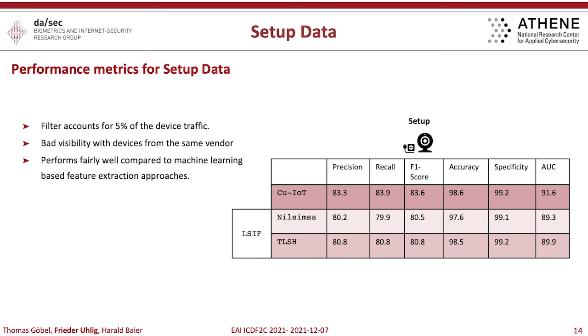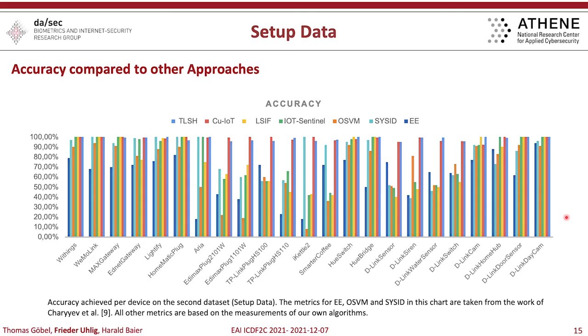data from AI-based approaches. What we see here in this picture is the accuracy that was collected, not only from TLSH, this is what we did with Elsif and CU-IoT, which is our own approach, but also with Elsif, which is in this case Elsif with NIL-SIMSA, not with TLSH, and other approaches from other papers that produced algorithms like IoT Sentinel, OSVM, SSID, and EE.